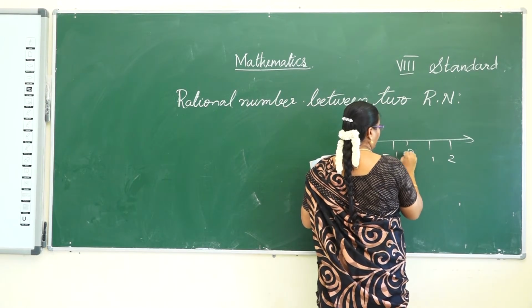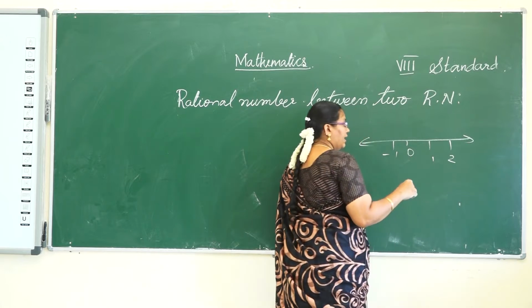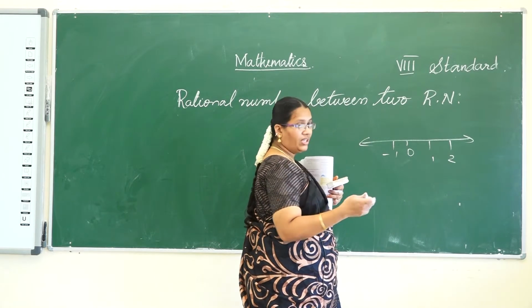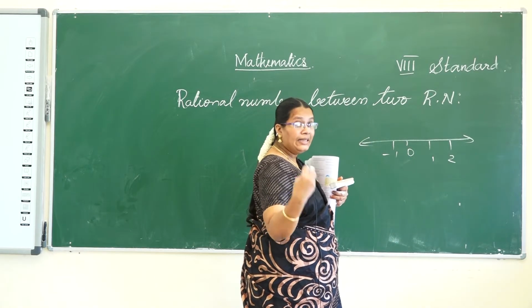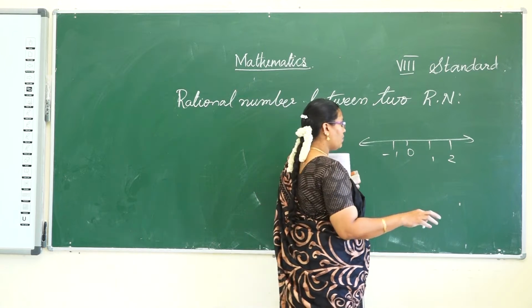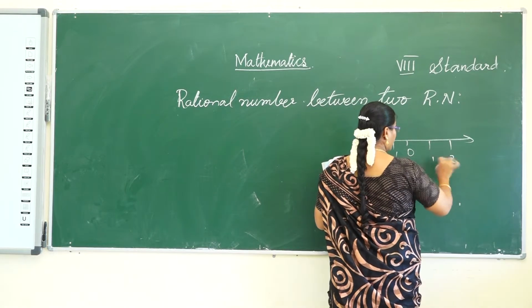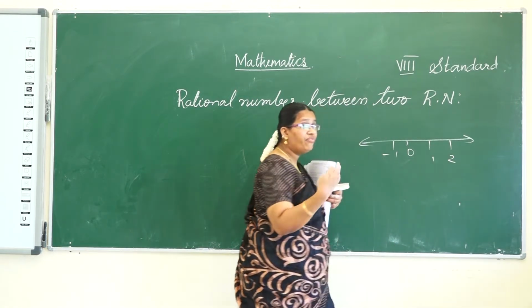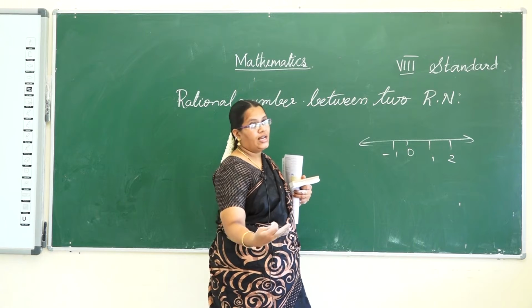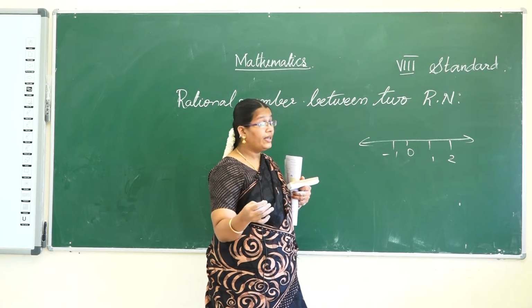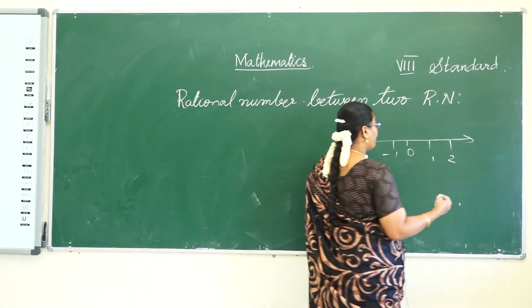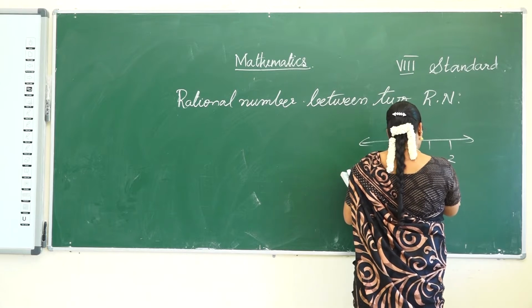between any two integers there may not be any integers, but between any two rational numbers, there are infinite numbers of rational numbers. For example, this is also a rational number.